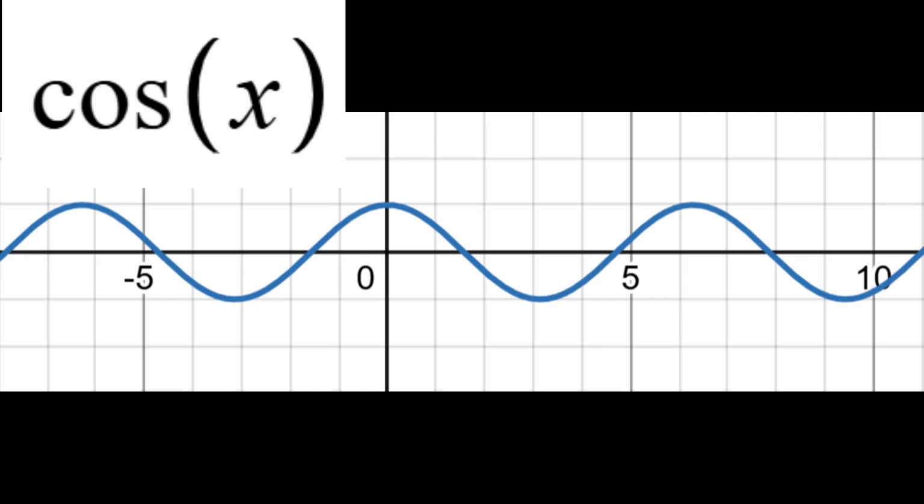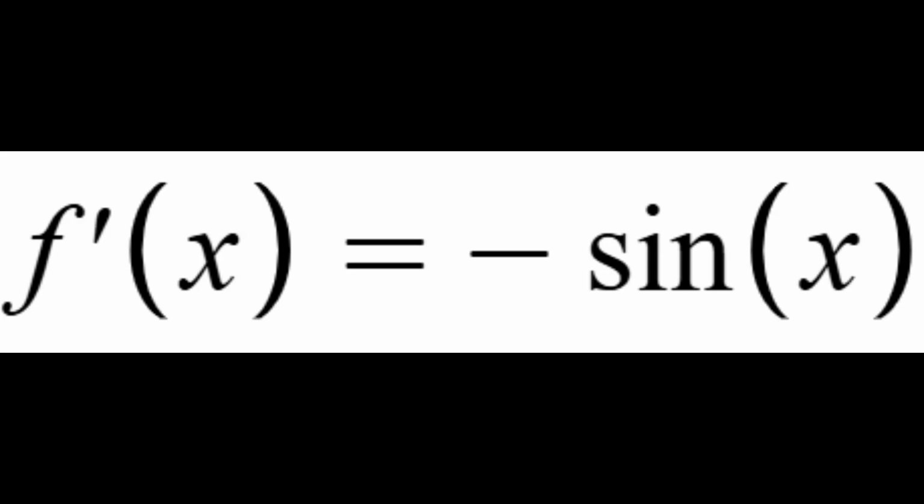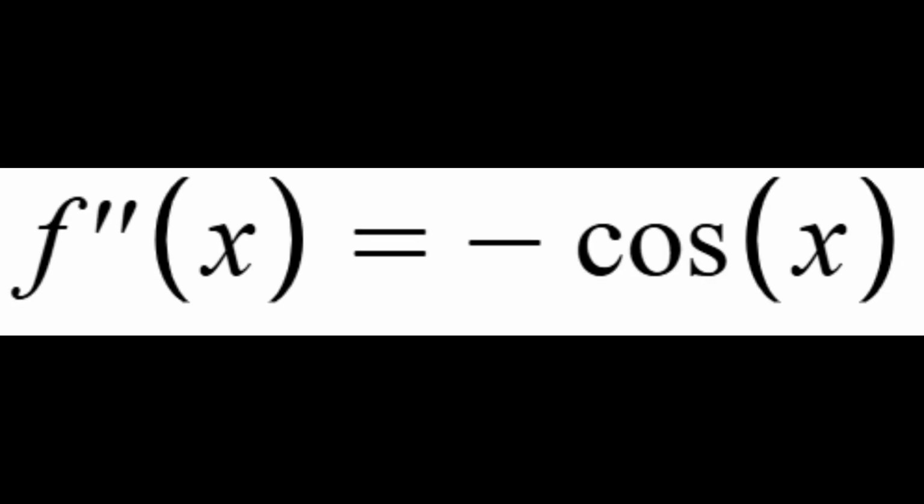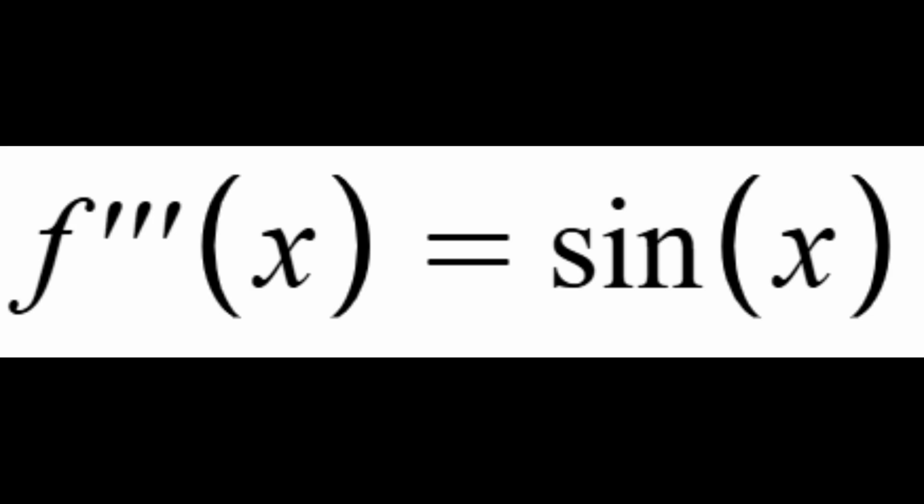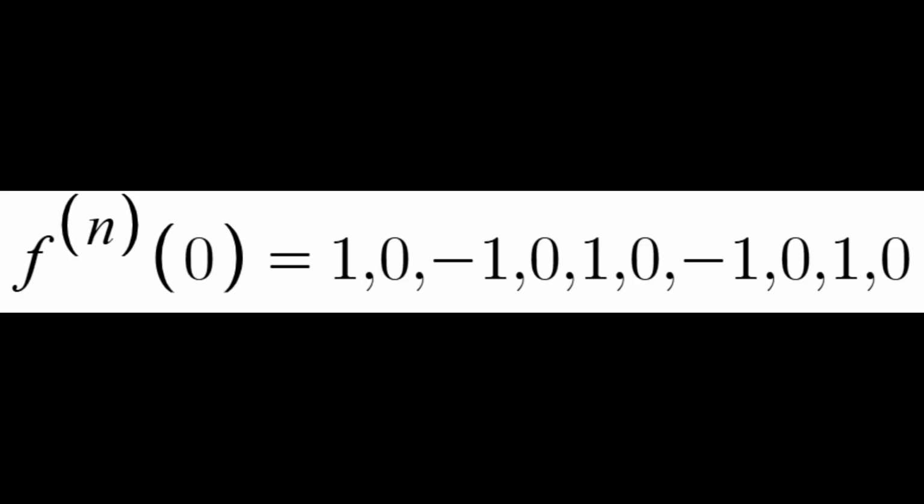So now let's try with a real function, let's say cosine, which bobs up and down. Its derivative is minus sine and its second derivative is minus cosine, and then sine before its derivative returns to cosine. If we get its first, second, third derivatives all the way up to infinity, we get 1, 0, minus 1, 0, 1, 0, minus 1, 0, 1, 0, and so on, taking its derivative at x equals 0.